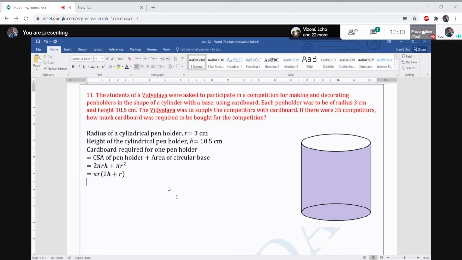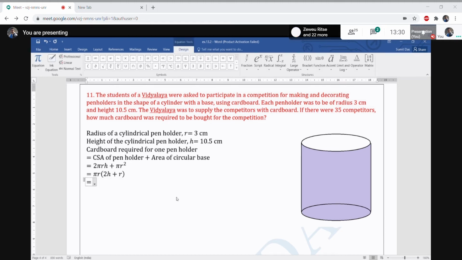Then in the next line you can put the values. Pi value is 22 by 7. R value is 3. Then inside the bracket, 2h, 2 into h value, 10.5, plus 3.